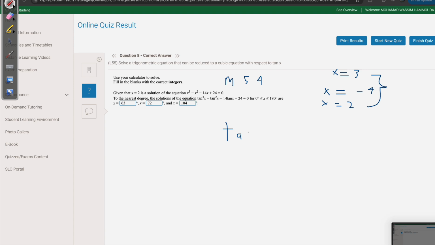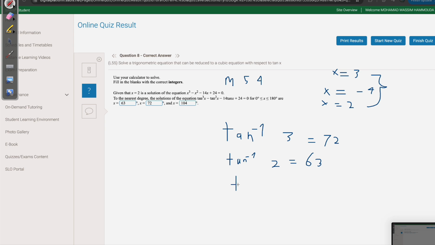You can do tan inverse 3, right? So tan inverse 3 will give you 72. Tan inverse 2 will give you 63.